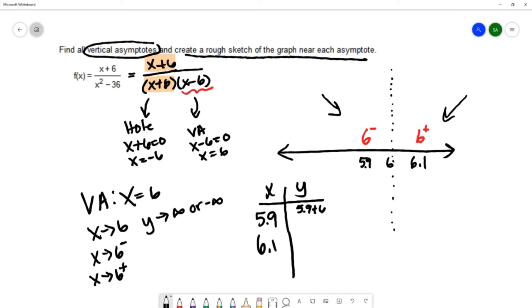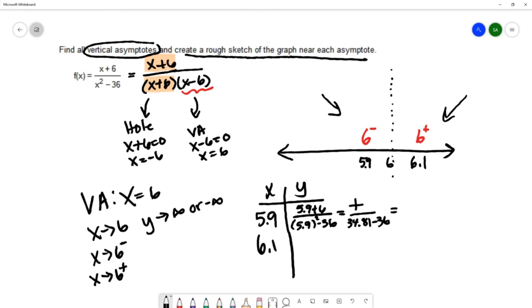5.9 plus 6 over 5.9 squared minus 36. 5.9 plus 6 is a positive number. 5.9 squared is 34.81, minus 36.